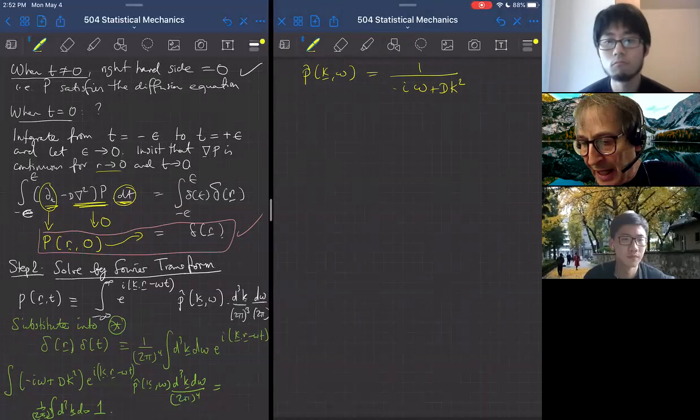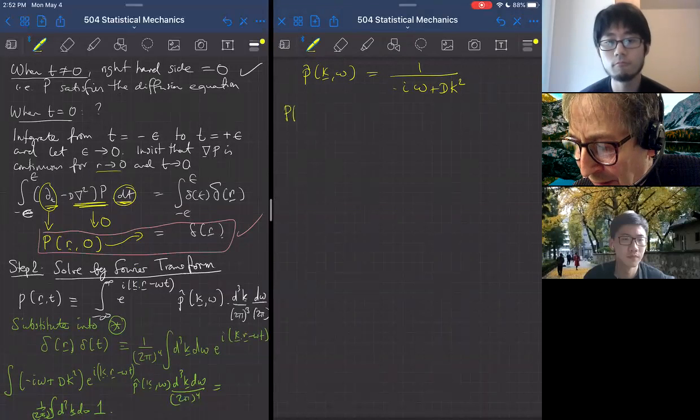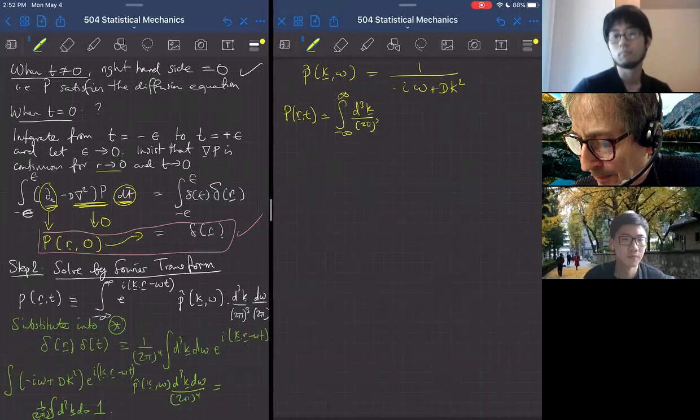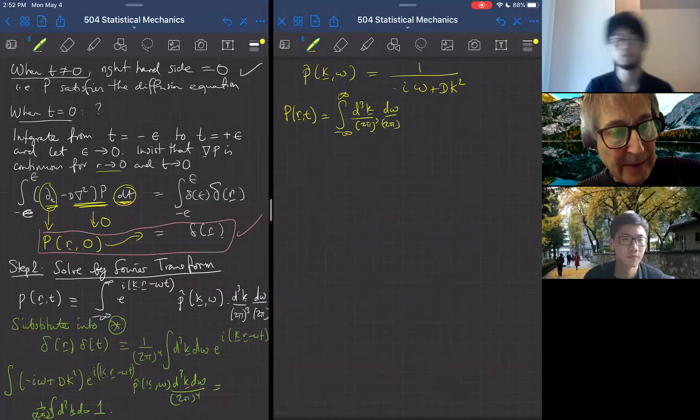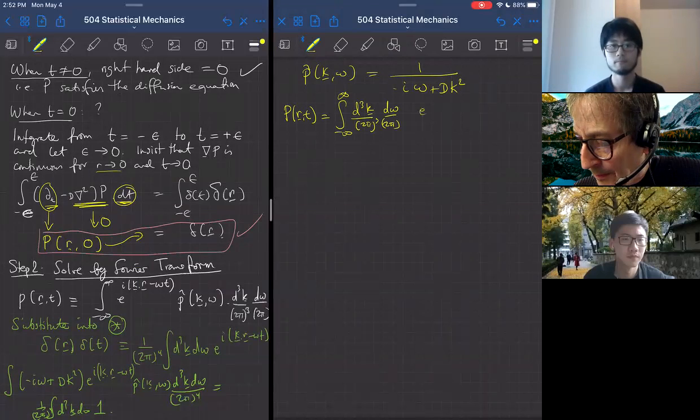And so now, to calculate p of r and t, we have to undo the Fourier transform. So I have to do this Fourier transform.